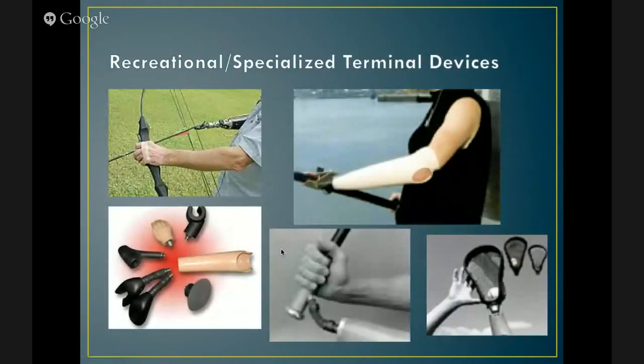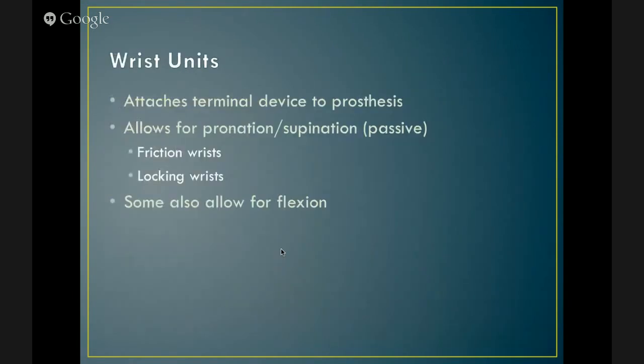I actually saw a guy at an adaptive CrossFit event that made his own prosthesis that he could do cleans with, so Olympic lifts, which is pretty impressive. And no prosthetist ever did this, so that's how it usually starts, and then people find a need, and it kind of catches on.